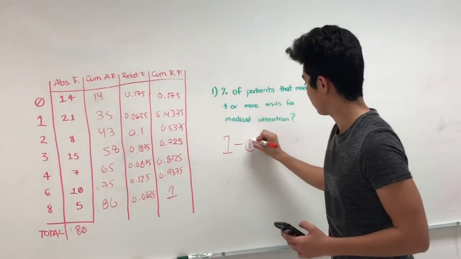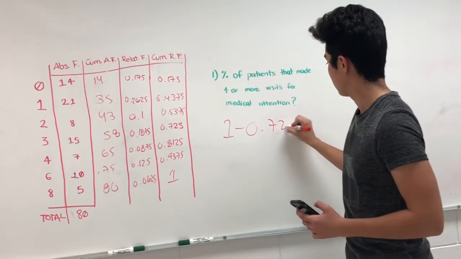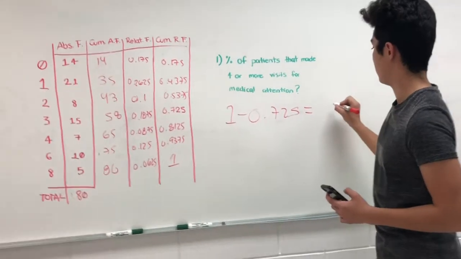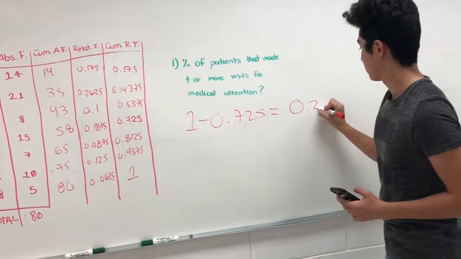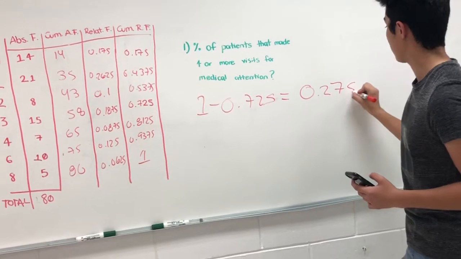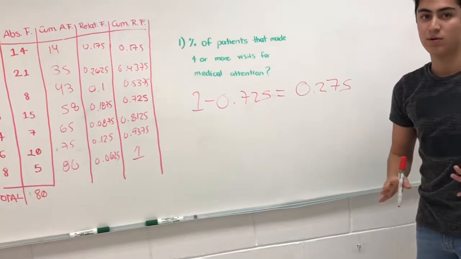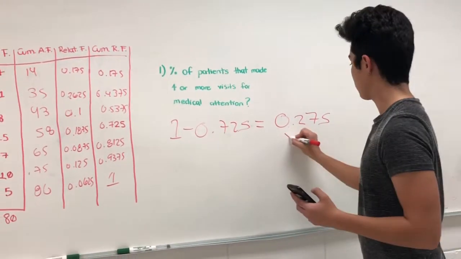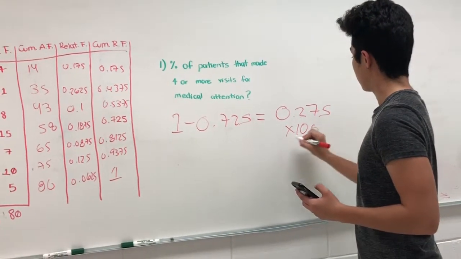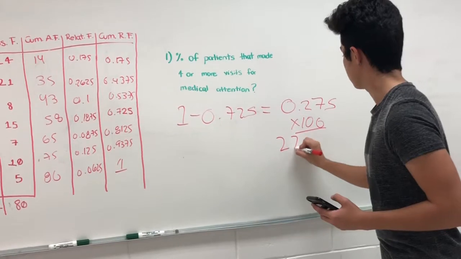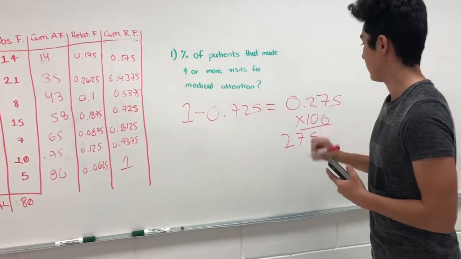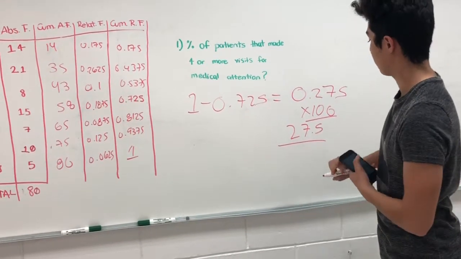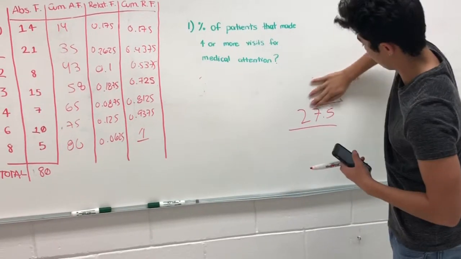So we do this, which gives us 0.275. Now, to get that percentage, we multiply it times 100, and we get 27.5. So the answer will be 27.5%.